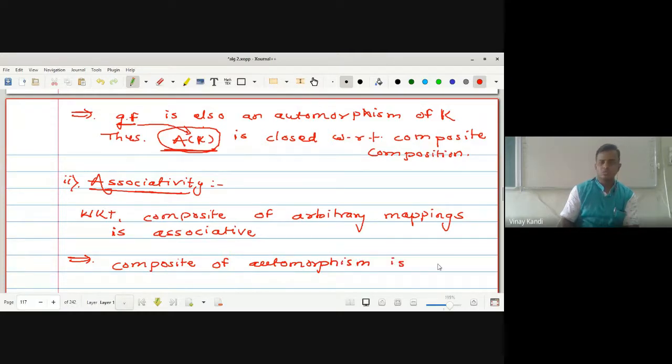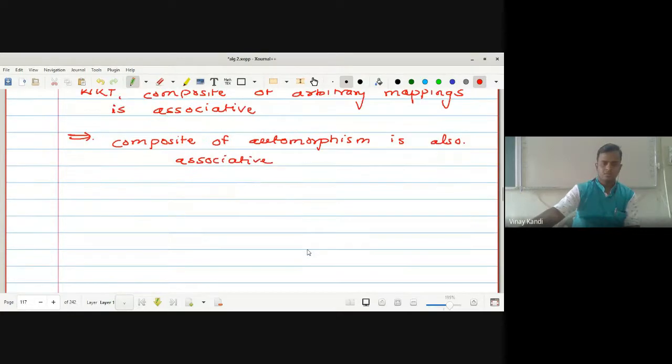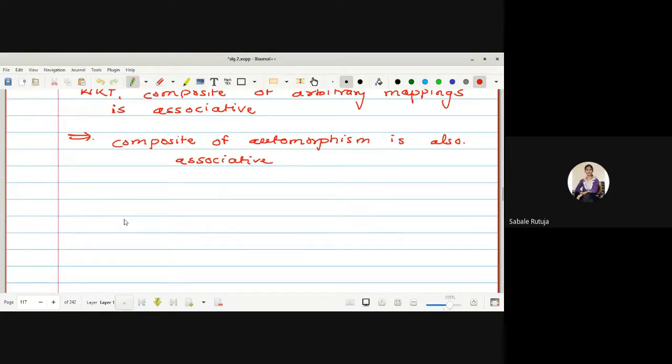There is no need to go again: G into F into H is equal to G into FH. Any doubt up to here? No, sir.